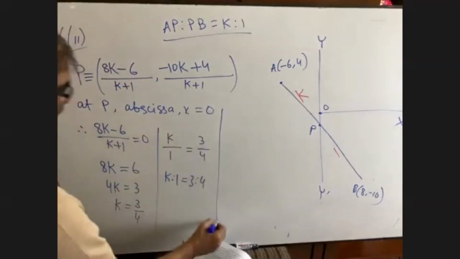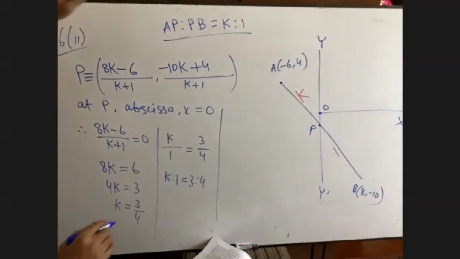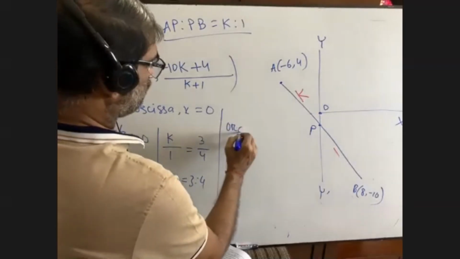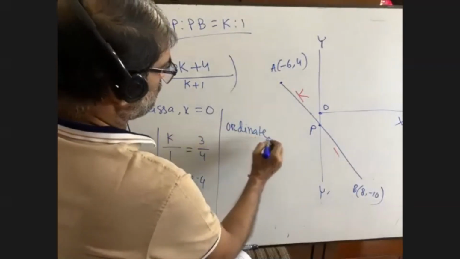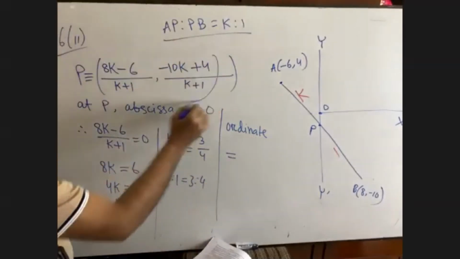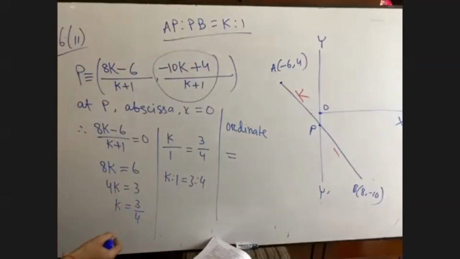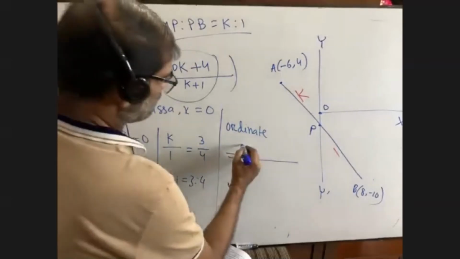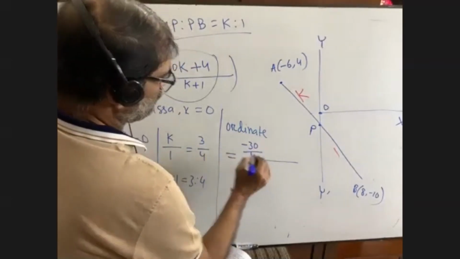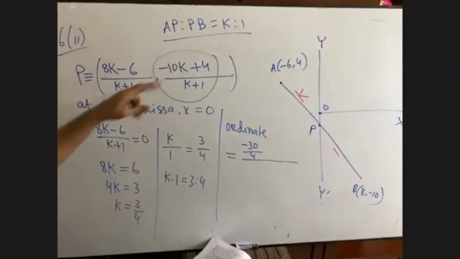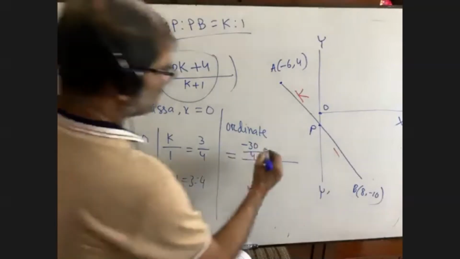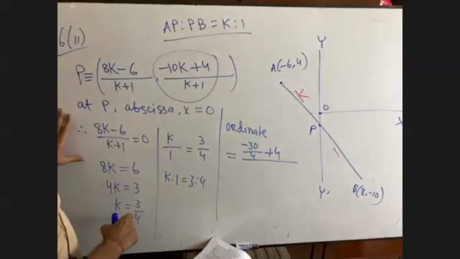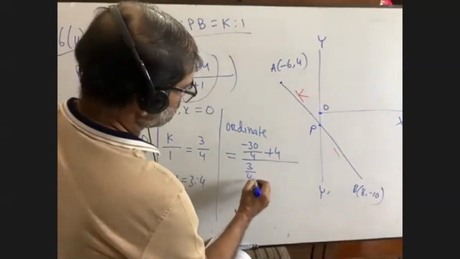But the next question is, what is the value of ordinate? Now you all are required to find ordinate. Ordinate means this part. You put the value of K equals to 3 by 4, and now let me know the result. Minus 10 into 3 by 4, that is minus 30 by 4, plus 4, over 3 by 4 plus 1.